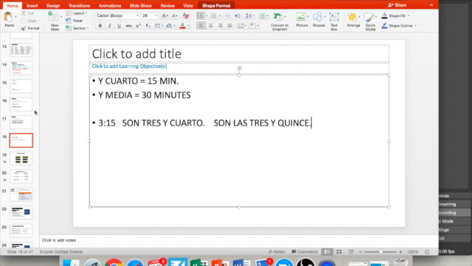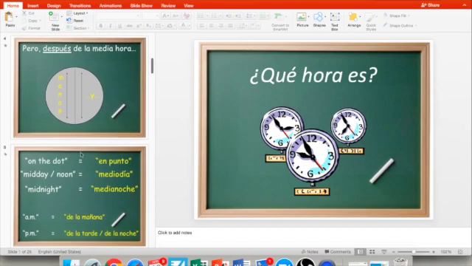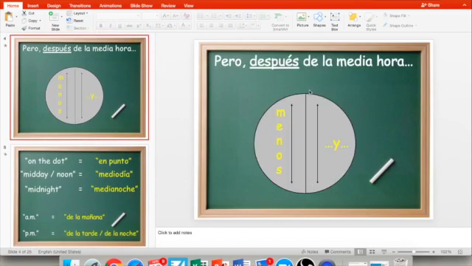Okay. Now, something else you need to know about time, and this is sort of interesting. After the 30-minute mark, and I have a little slideshow here that will help you. After the 30-minute mark, rather than saying that it's 3 o'clock and 45 minutes, we in Spanish tend to go backwards. Okay, so up until 30 minutes, you can say it's 2 and 15, it's 2 and 25, it's 2 and 30.